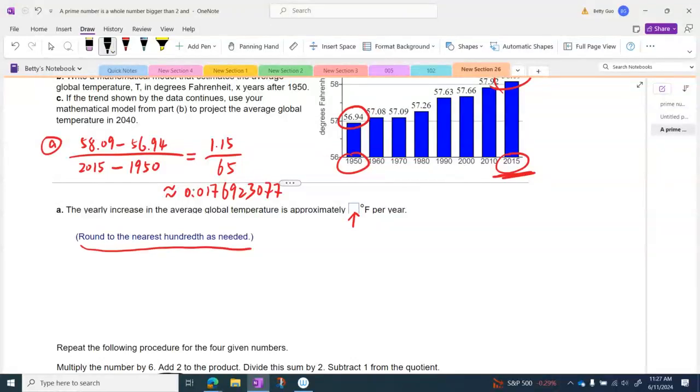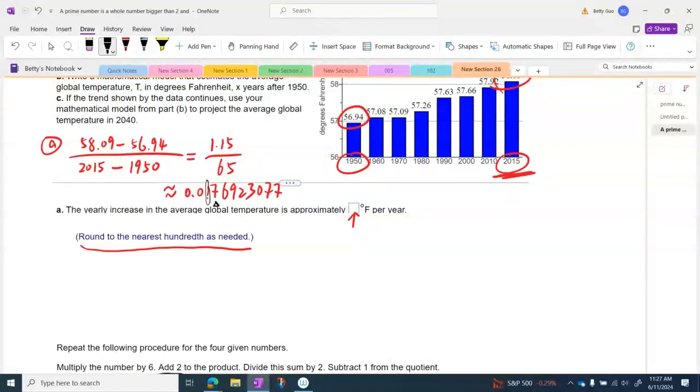Where is the nearest hundredth? This is tenth, this is hundredth. So nearest hundredth means we keep 2 decimal places to the right of the decimal point. And we look at the digit right behind the rounding place. The rounding place is 1, the digit behind is 7.